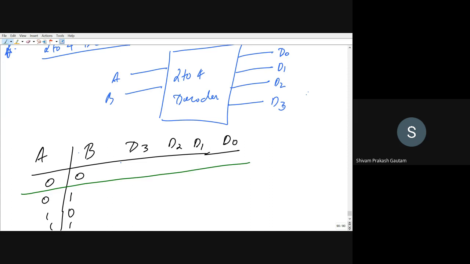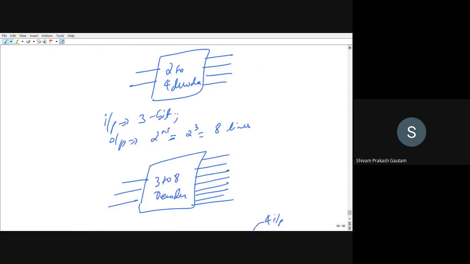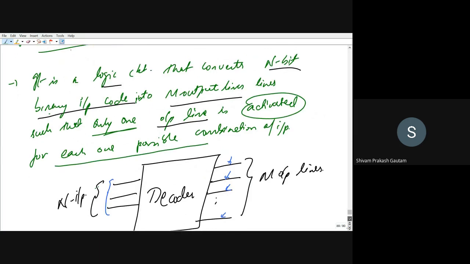Now, if both A and B are 0, D0 will be high, and all the other lines will be low. So you can see from the definition, only one output line will be high or activated for each possible combination of the input, right?